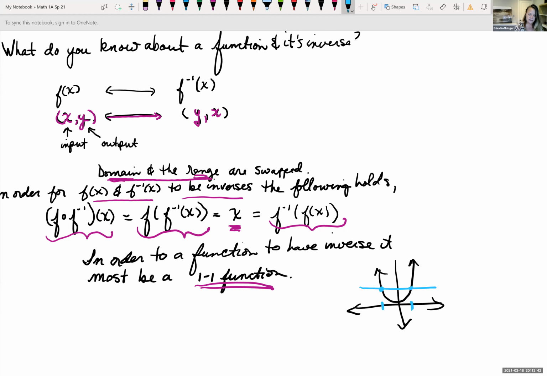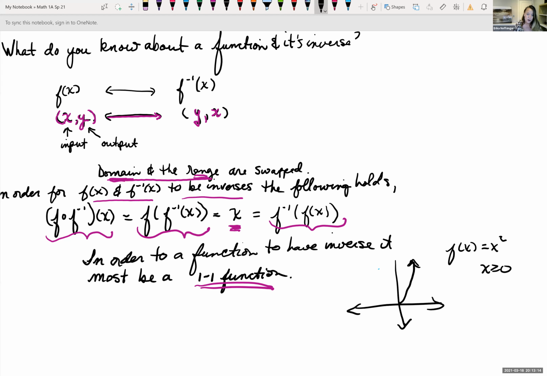But if we narrowed our domain down, so I could say x is less than or equal to 0, or x is greater than or equal to 0, narrowing it down somehow so that it becomes one-to-one. So I can just erase half of this parabola and say f of x is equal to x squared, but we're going to choose x to be greater than or equal to 0. I've now made it a one-to-one function.